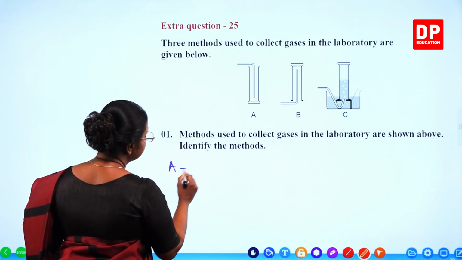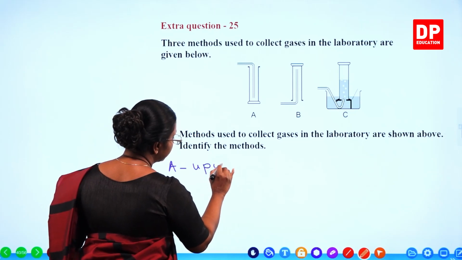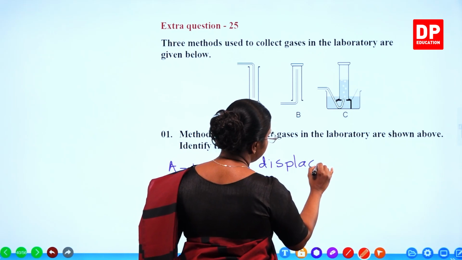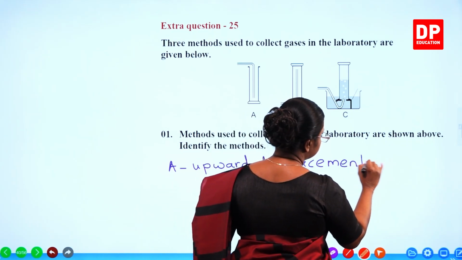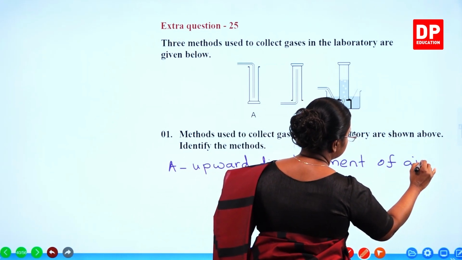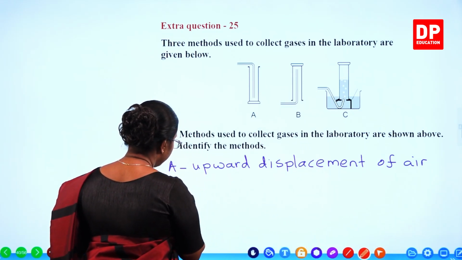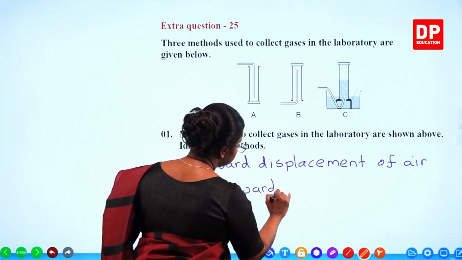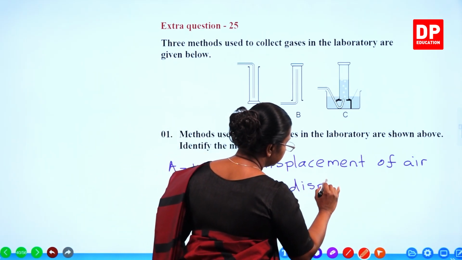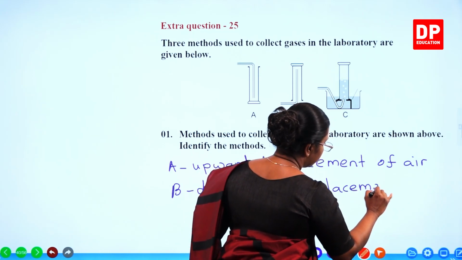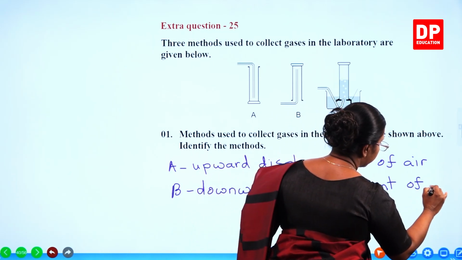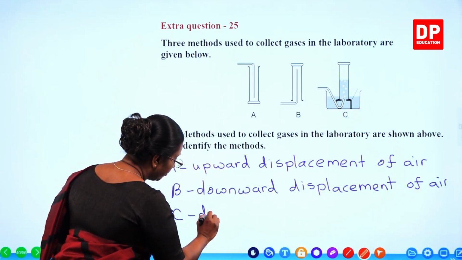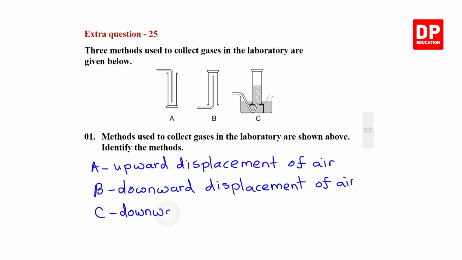So here A is upward displacement of air, then B, downward displacement of air, and the last one C, downward displacement of water.